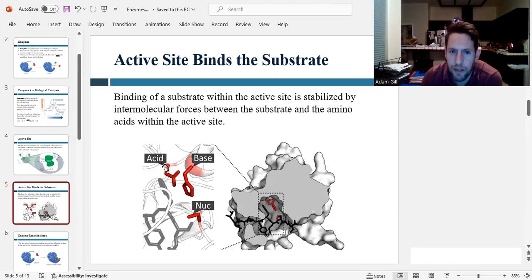And highlighted in red are the side chains of the amino acids in the enzyme. And those amino acid side chains are interacting with the substrate directly. And it's those intermolecular forces that hold it in there. So it's both shape and the intermolecular forces grabbing onto it.